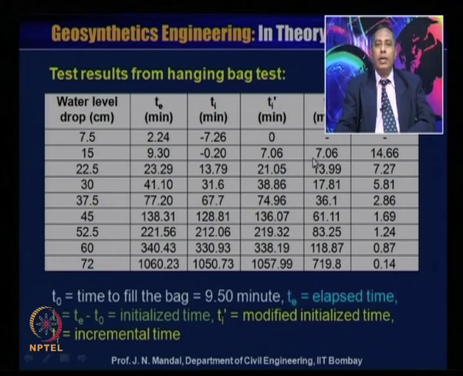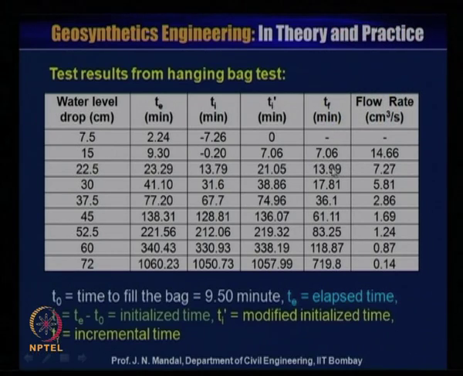So for the incremental time, the first is 7.06, and after that 21.05 minus 7.06 will give 13.99. Similarly, 38.86 minus 21.05 will give 17.81.